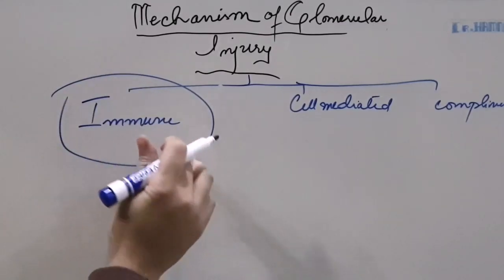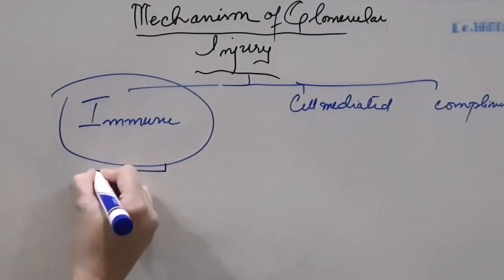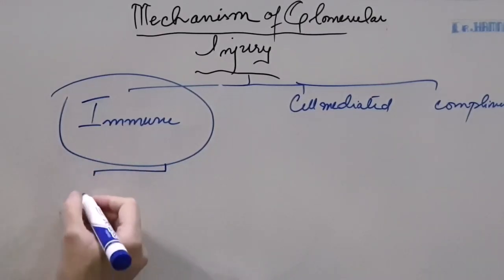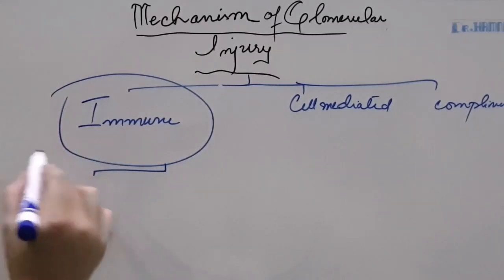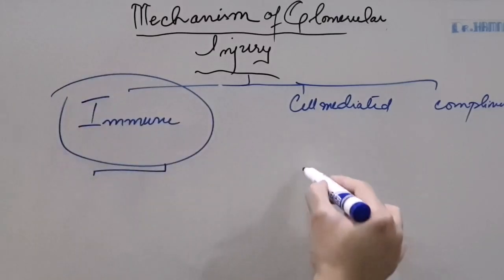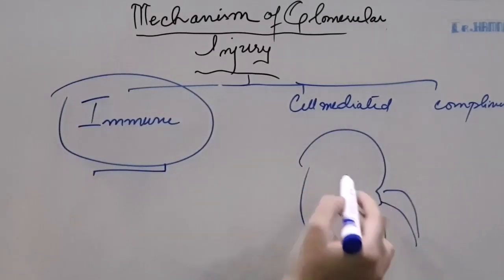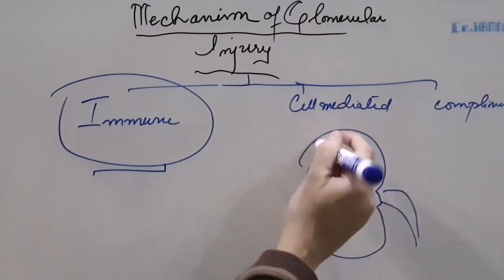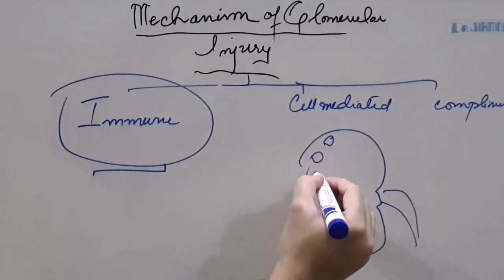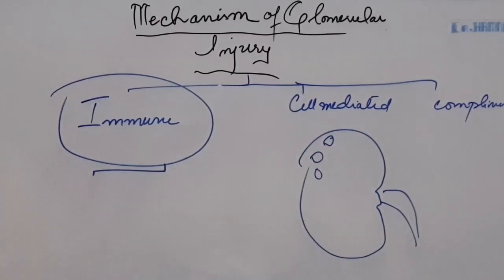Immune mechanism involves few processes which lead to glomerular damage. The first mechanism is antibodies which are produced against antigens which were present within the glomeruli. For example, if this is the kidney, so these are basically the glomeruli which are present in the cortex of the kidney, and the antigens which reside within these glomeruli.